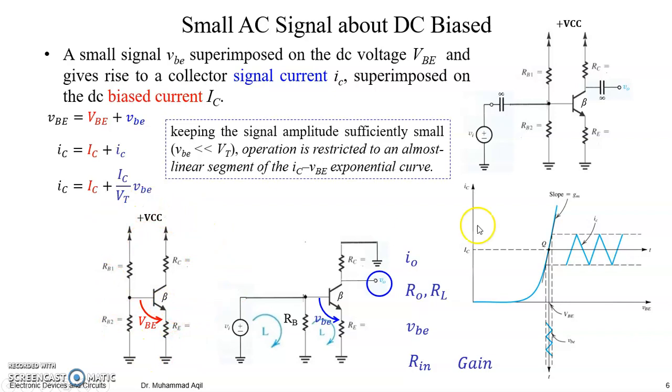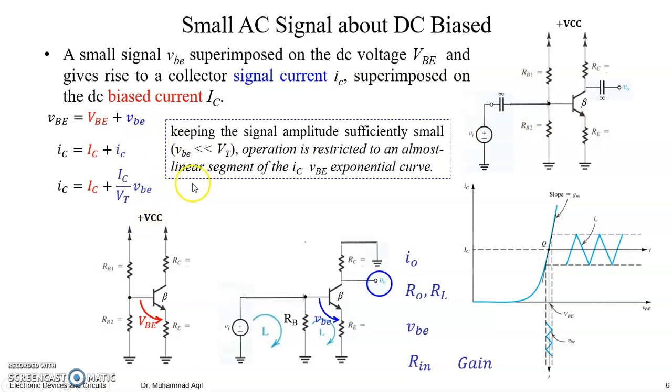So we have done all these things, right? And we have seen the AC equivalent circuit, only the AC equivalent circuit, removing the DC. And then we have collectively seen the overall behavior of the BJT with DC biasing and AC signal injection.